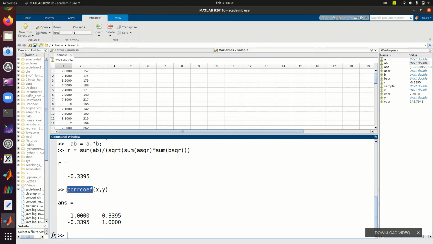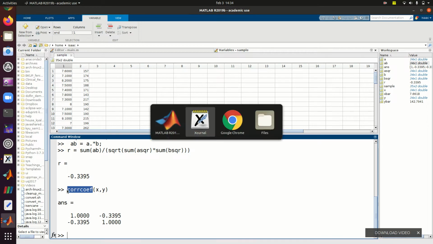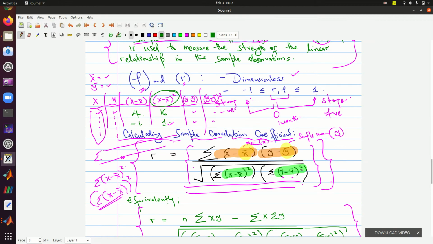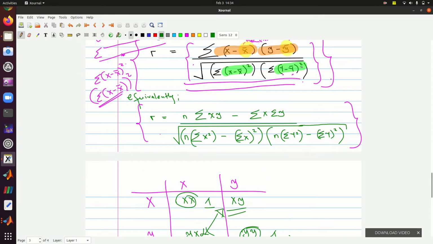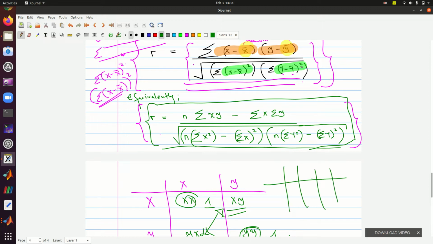So you can also try this. If you have time, you can also just compute this using the formula here. You do it exactly the same way. You just find your columns and know which columns to use.